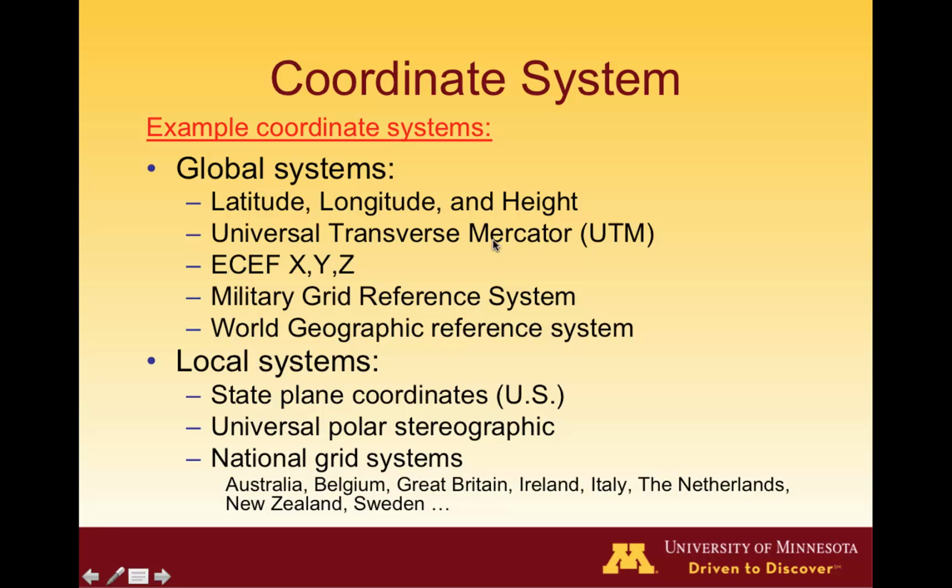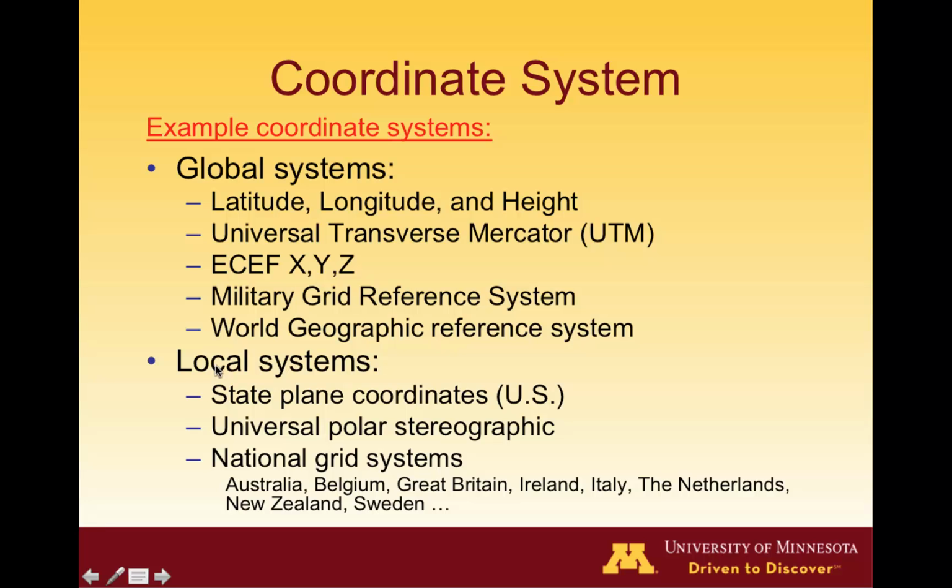It is also the reference for the Military Grid Reference System, which separates the Earth into grids the same way as UTM. And there are, of course, other global systems such as ECEF XYZ and the World Geographic Reference System.